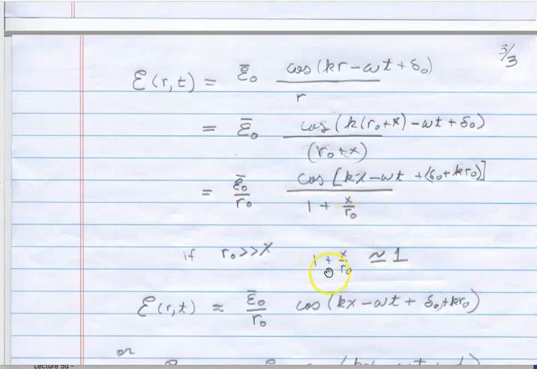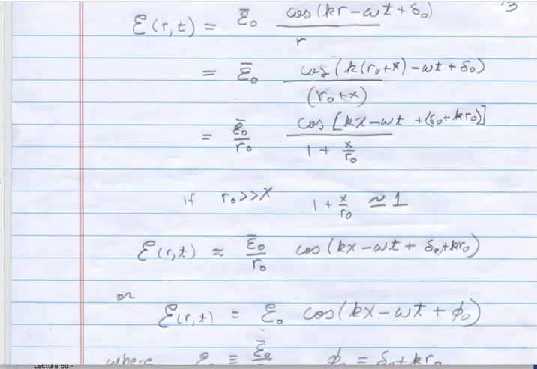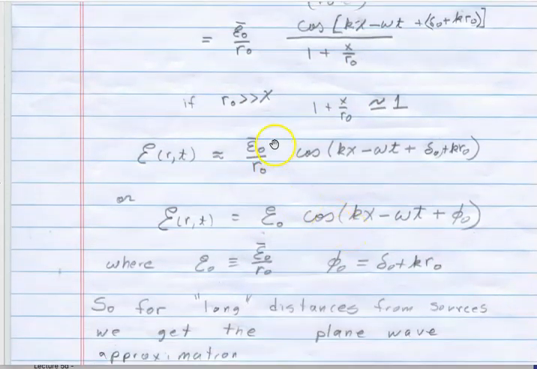In any event, I'll approximate x over r naught as small, and so this denominator becomes approximately 1. It's an approximation, but it becomes E naught over r naught times this cosine, and I can consolidate all of these into a single phase shift and consolidate these two constants into a single constant, which is now really the true amplitude of this plane wave, this sinusoidal or harmonic wave.